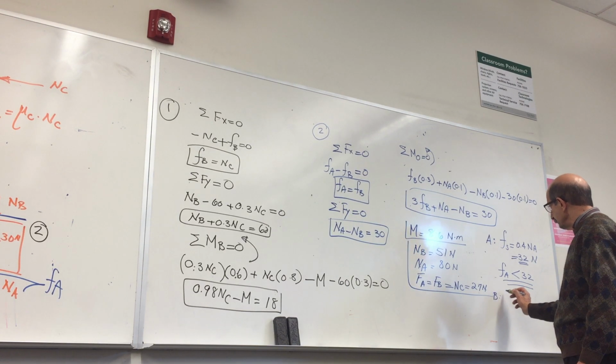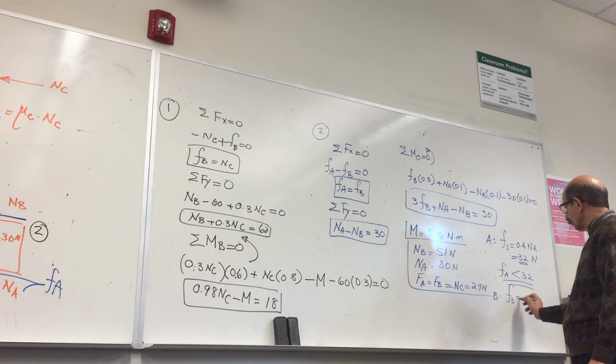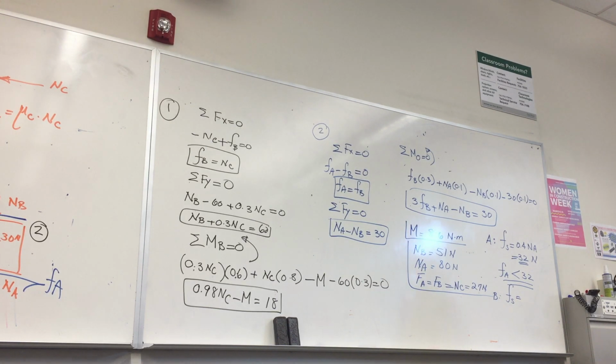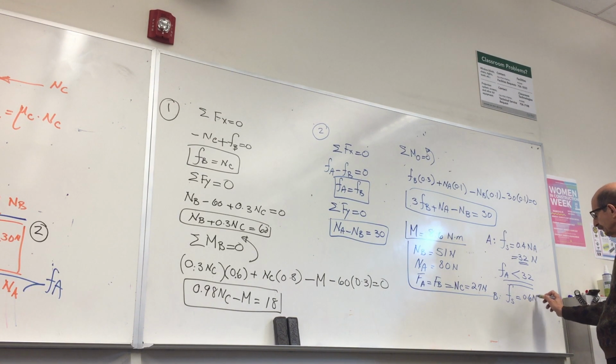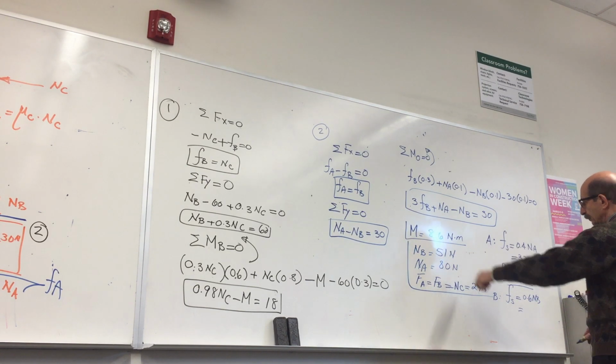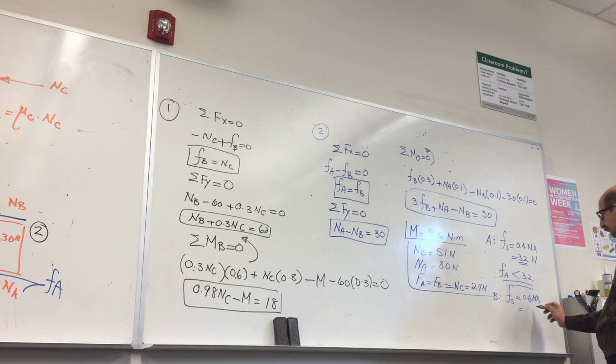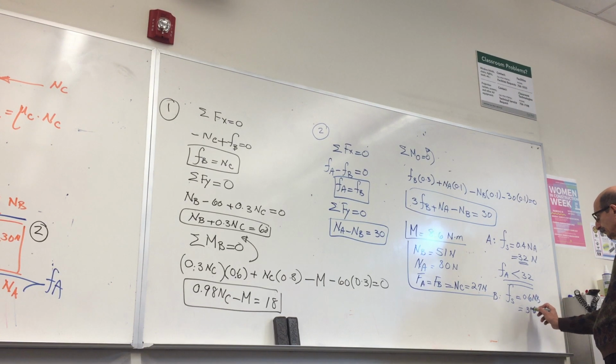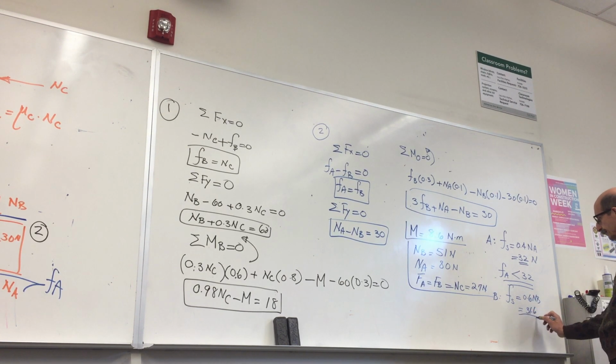At B, the maximum force of friction that would develop would be 0.6, the coefficient of friction, times NB, so it would be 0.6 times this, so about 31.6, okay?